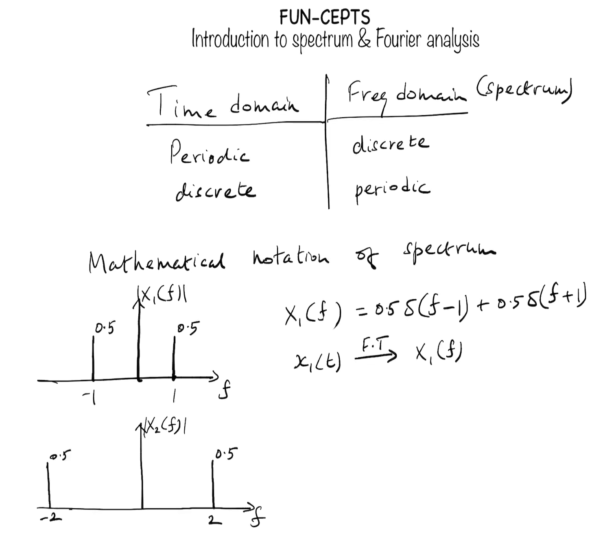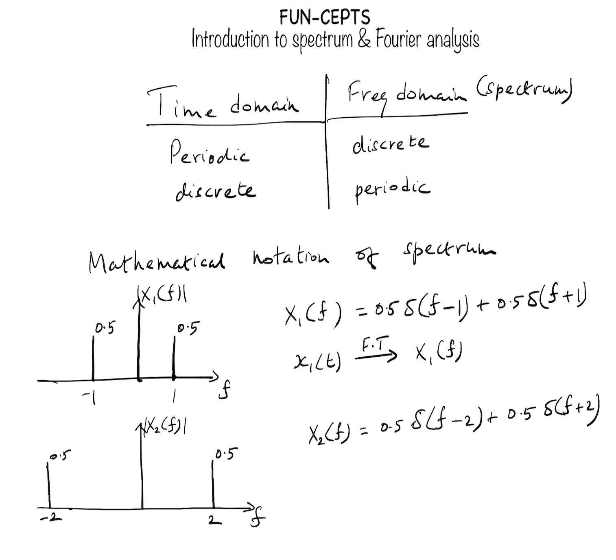So we would write x2 of f as 0.5 delta of f minus 2, located at 2, plus 0.5 delta of f plus 2.